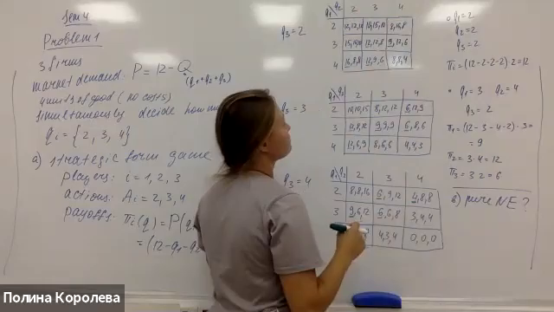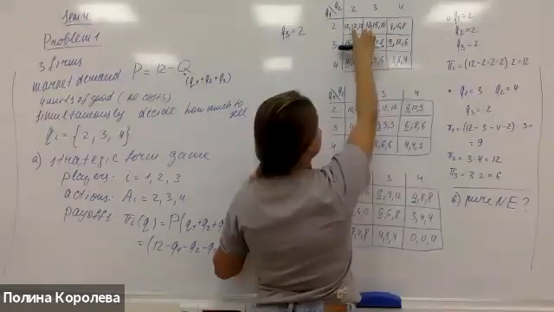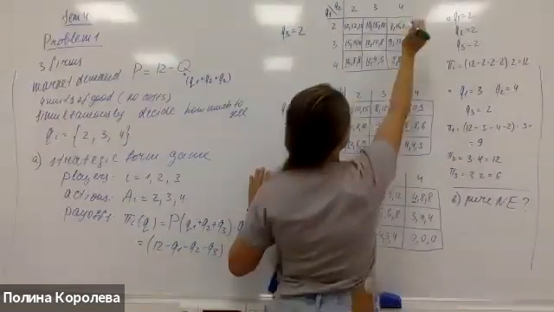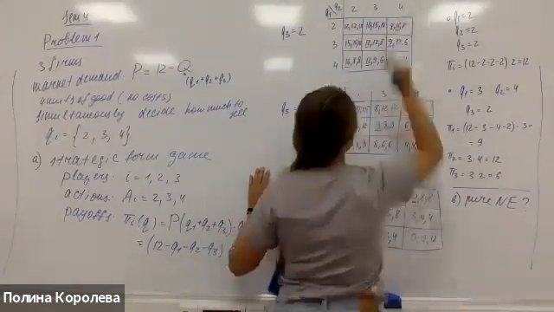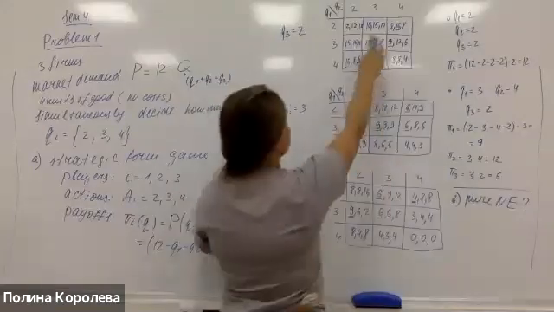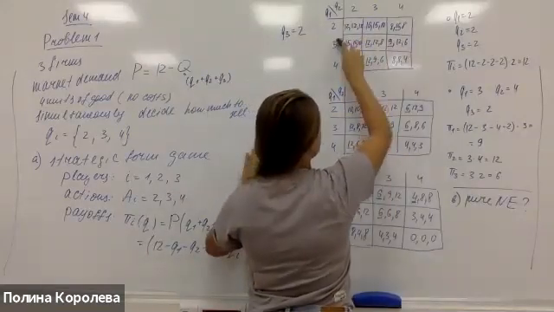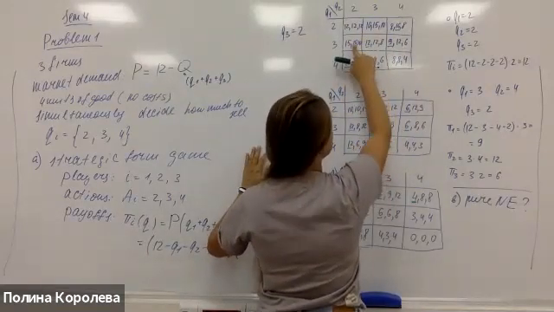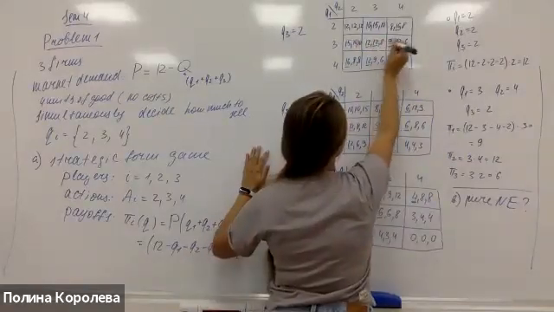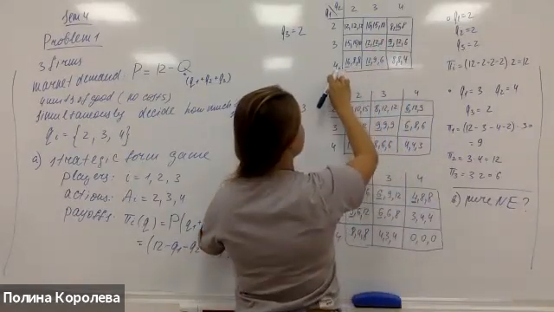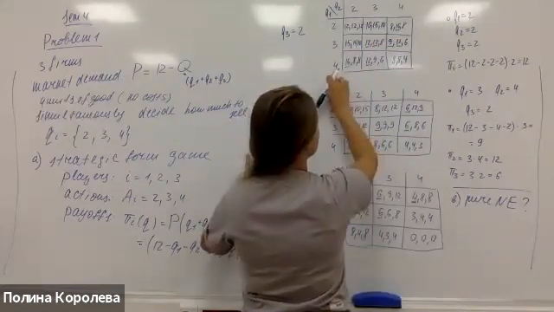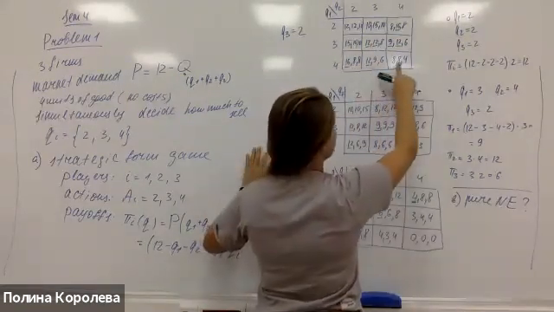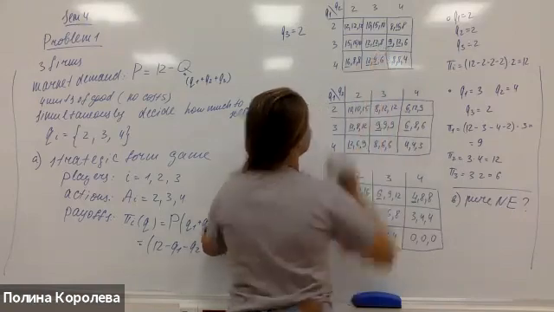What do you think? 4, exactly, because we see 12, 15, 16 on the second place. 16 is bigger, so we mark 16. Next, if first plays 3, this row, 10, 12, 12, better 12. Here, if first plays 4, 8, 9, 8, better 9.